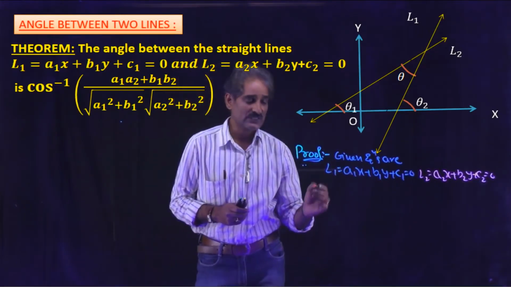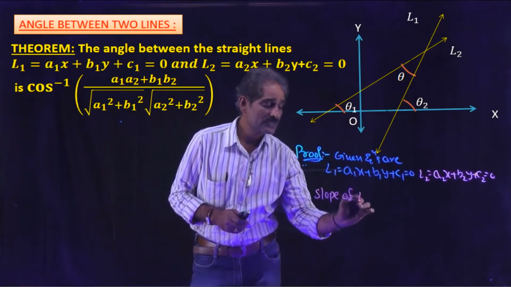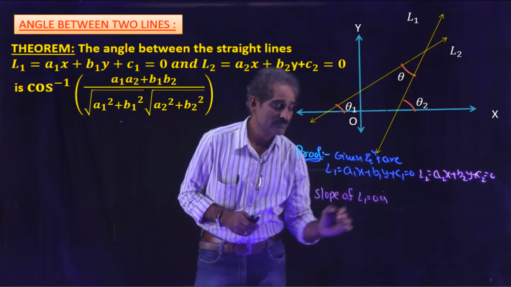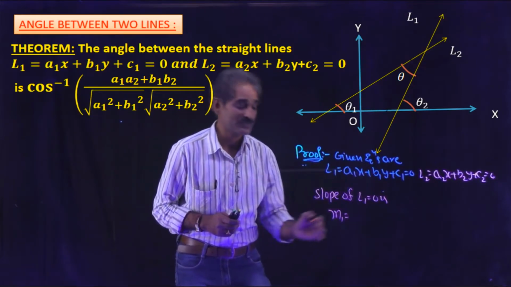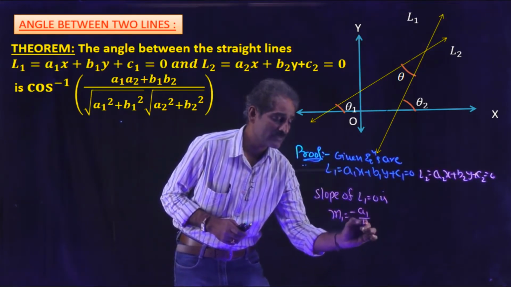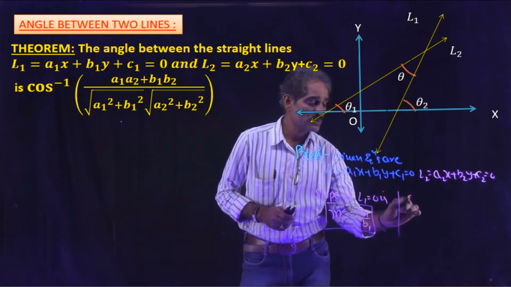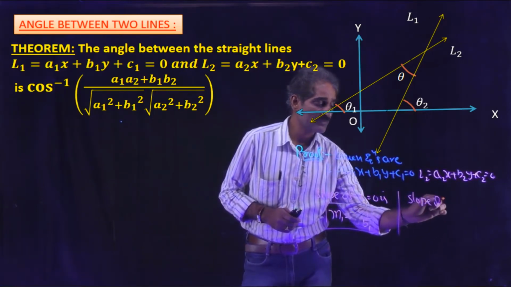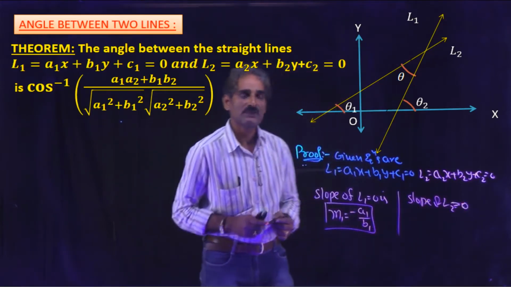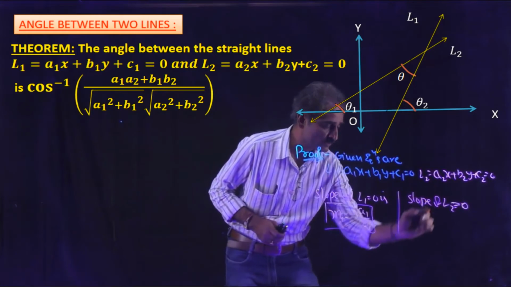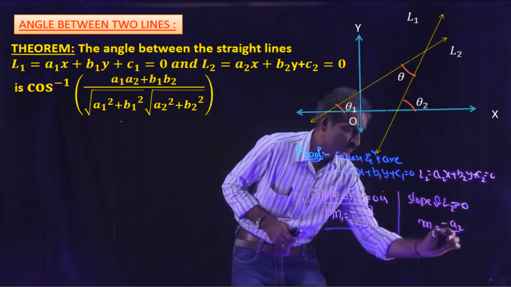What is the slope of the first line? Let us take the slope of the first line L1 equal to 0 as m1, that is equal to minus x coefficient by y coefficient, minus a1 by b1. This is the slope of the first line. Similarly, find the slope of the second line. Let us take the slope of the second line L2 equal to 0 as m2 equal to minus x coefficient by y coefficient, that means minus a2 by b2.